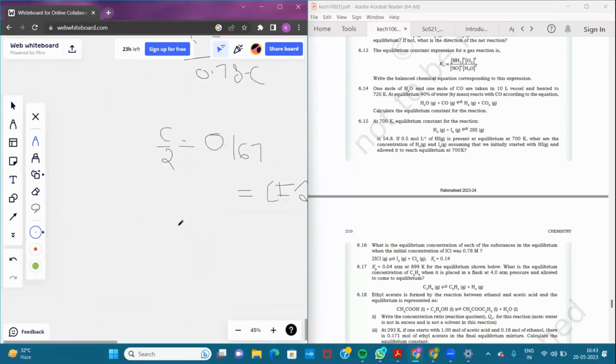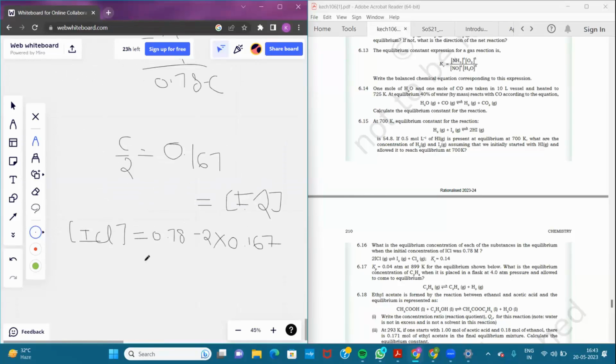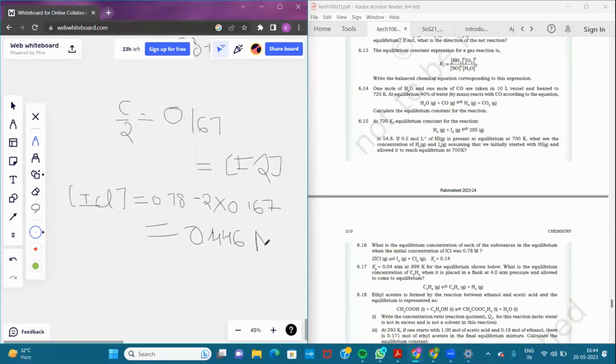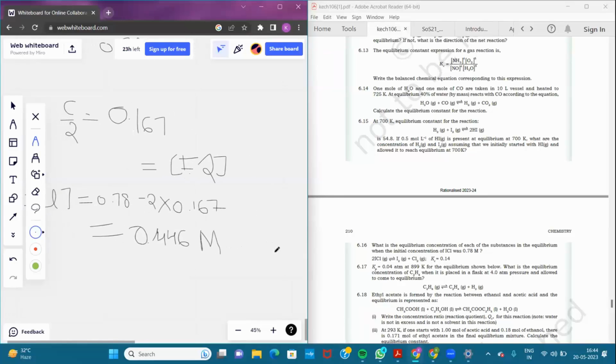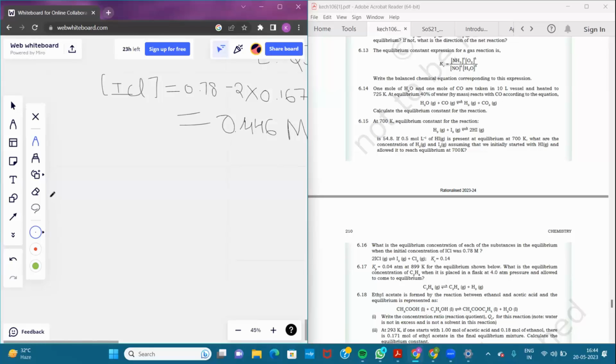For the equilibrium concentration of ICl, we'll directly subtract: 0.78 minus C, that is 2 times 0.167. On calculation, we'll get the value as 0.446 molar. So this question was completed. We'll go for the next question, 17.